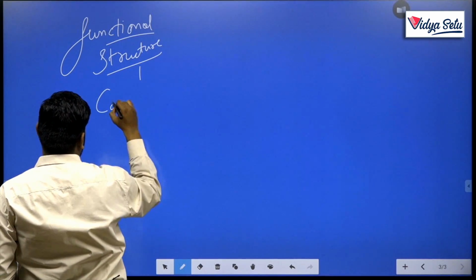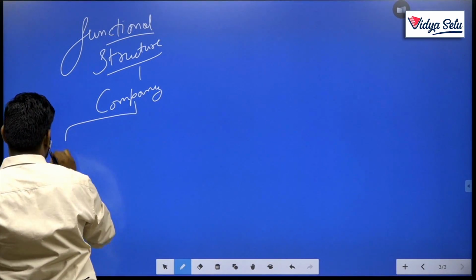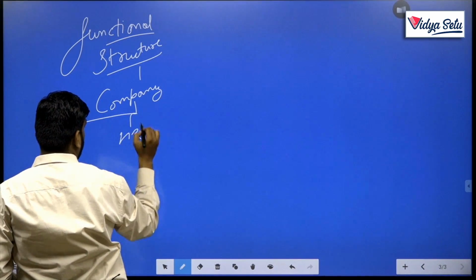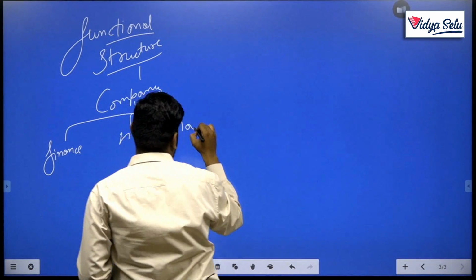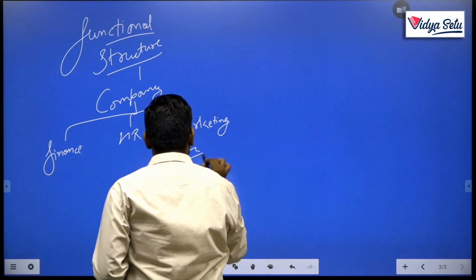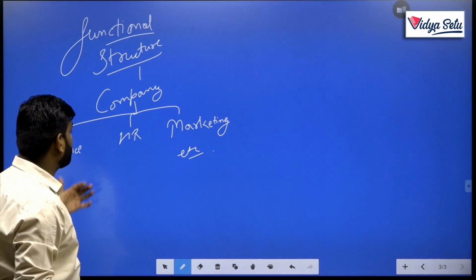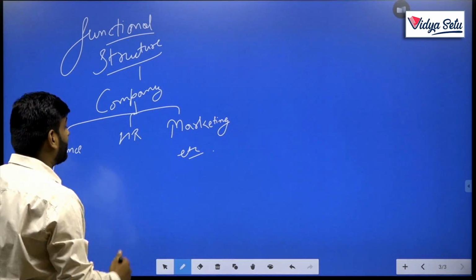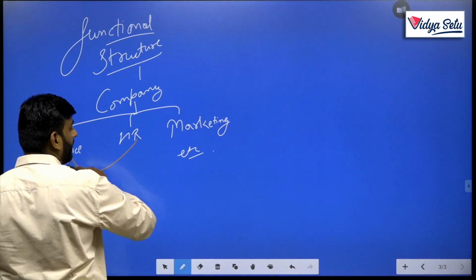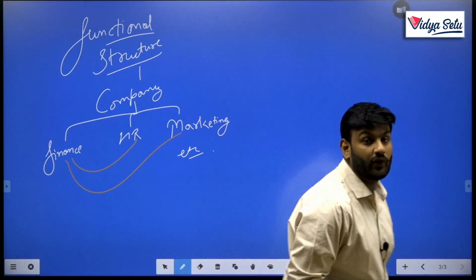It's like a company having different functions named finance, HR, marketing, etc. Now they contain separate managers for each function: finance manager, HR manager, or marketing manager. So this point says that there are chances they won't coordinate, the finance department won't coordinate with HR or with the marketing department. So it will be difficult for functional structure.